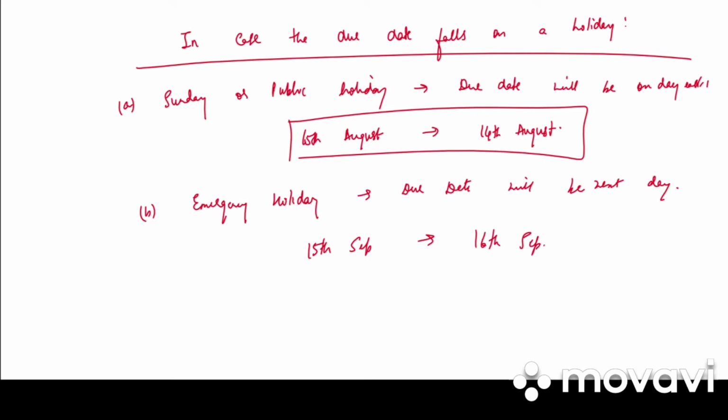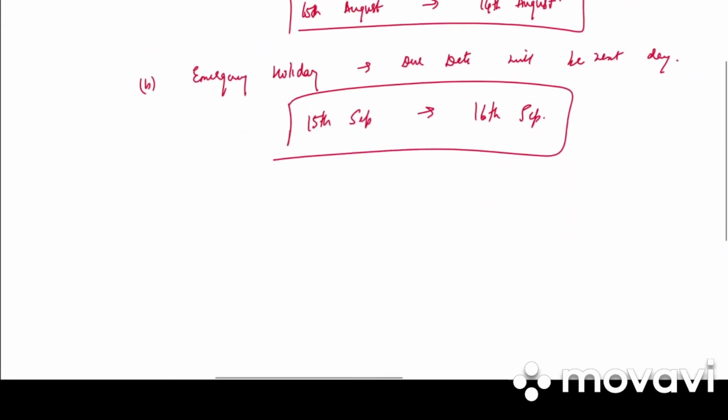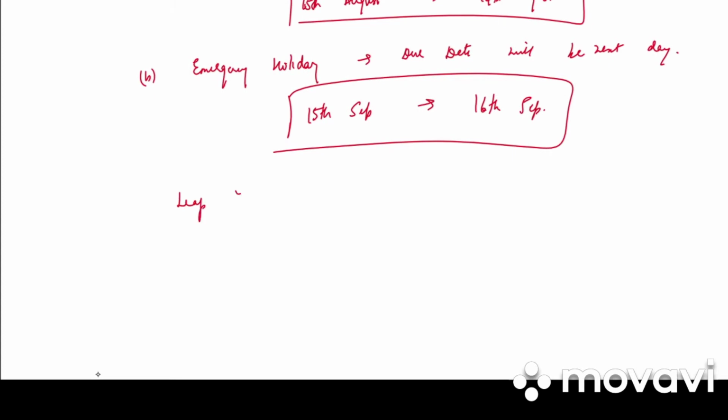So your due date will be 16th September. Clear? You need to remember these 2 points. And also, if that particular year is a leap year, then one day prior would be your due date. Clear? Because February will be having 29 days in that particular year.